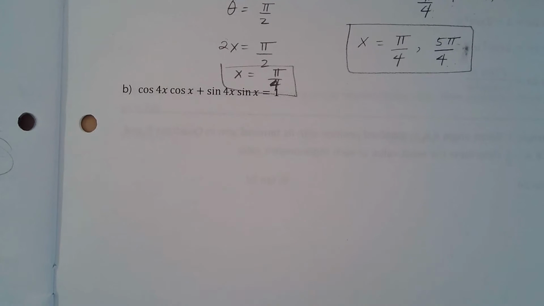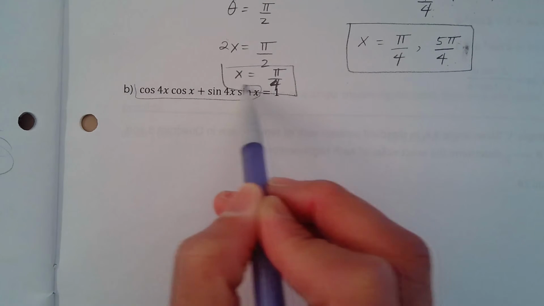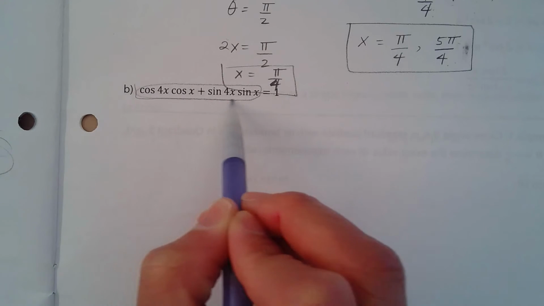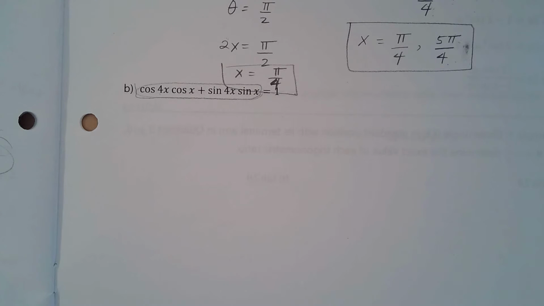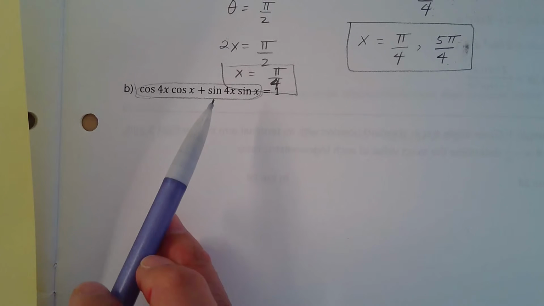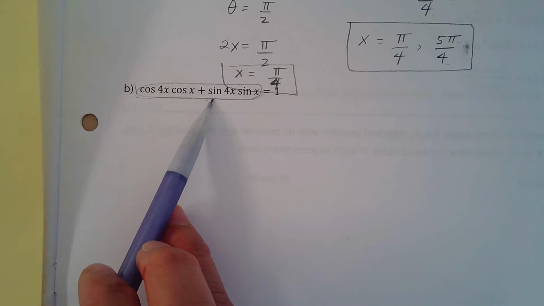Let's see this one here. Let's see if we can simplify all of these. What would be the simplified version of cos 4x times cos x plus sine 4x times sine x? Cos alpha minus beta. Is everybody okay with that one?